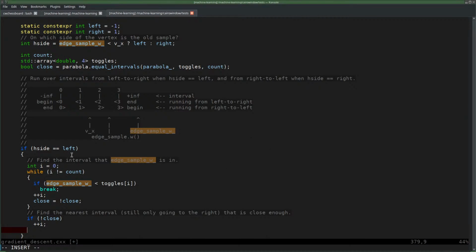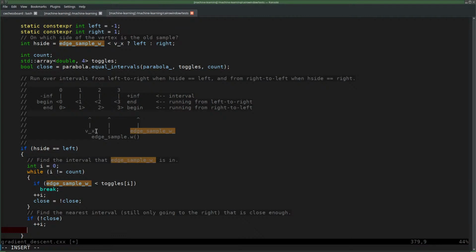So we end up in an interval that is not close. Then, for example, minus infinity is not close, but that's where we are. Then I increment it to 1, corresponding to this interval, which is close then. And then of that interval, I want to have the largest value that is as far away from the vertex.